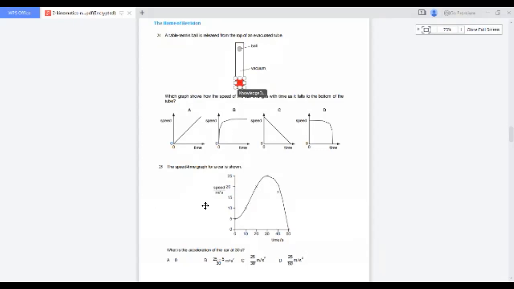And for me, I think this one would be the correct option, because it has a uniform acceleration velocity time graph.